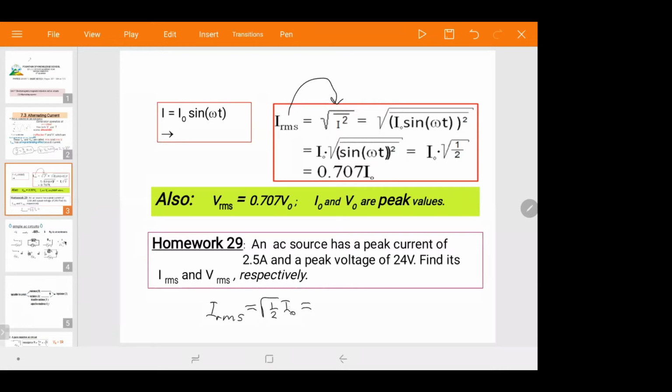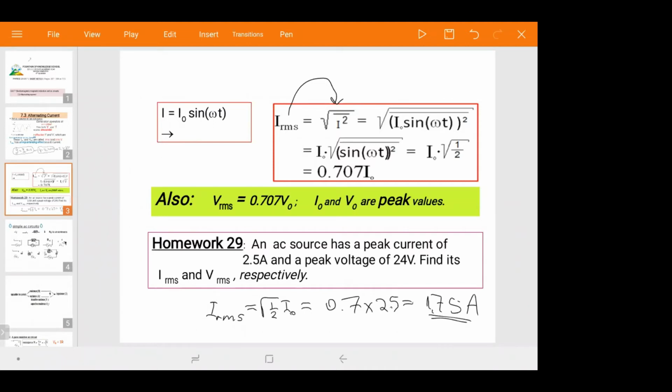The square root of half is approximately 0.7 times the given peak current of 2.5. So 7 times 5 is 35, 7 times 2 is 14, 17, with 2 decimal places, you get 1.75 ampere. That is the RMS current, which is comparable to the DC current.